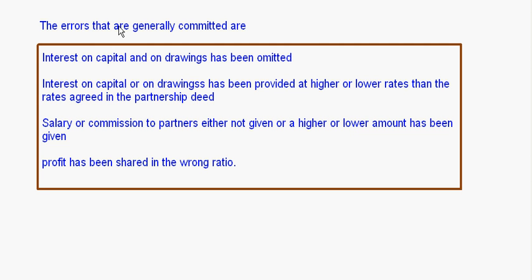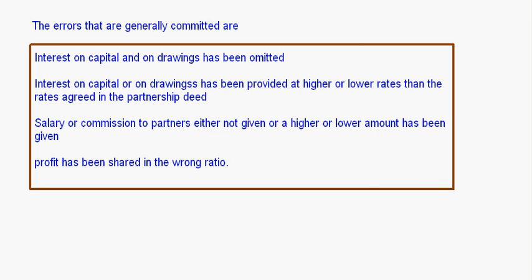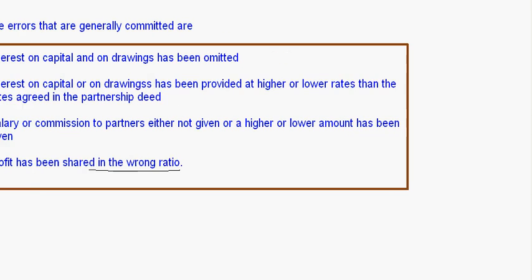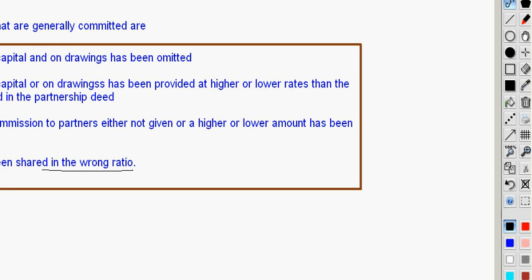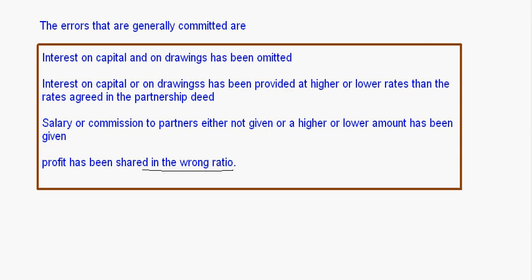Salary or commission to the partners either not given, or a higher or lower amount has been given. The profit has been shared in the wrong ratio. This is something which happens in most of the cases, that the profit sharing ratio is given wrongly. So these are the different types of cases in which the past adjustments have to be done.